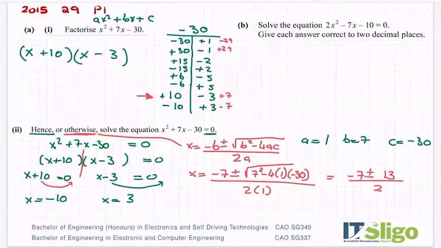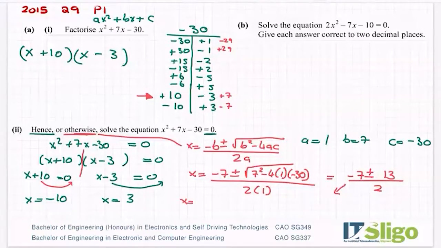Okay, and then you split it into its two pieces. So one of these answers will come from the minus sign, and the other answer will come from the plus sign. Okay, so in other words, you split this into the plus and the minus.